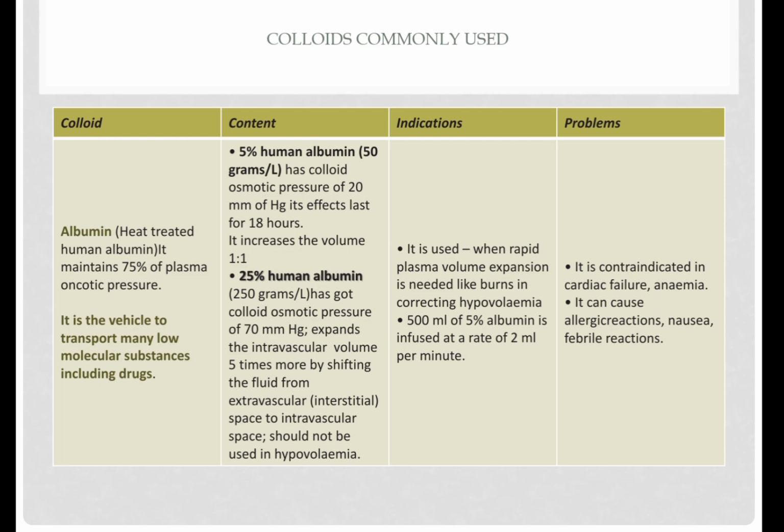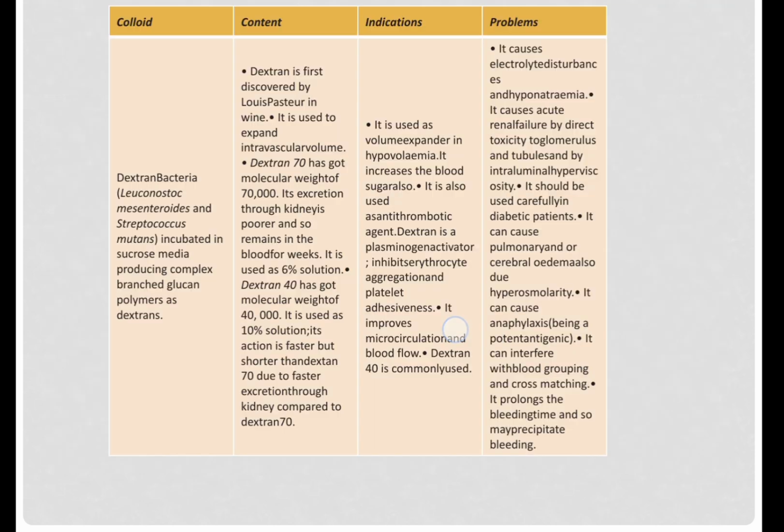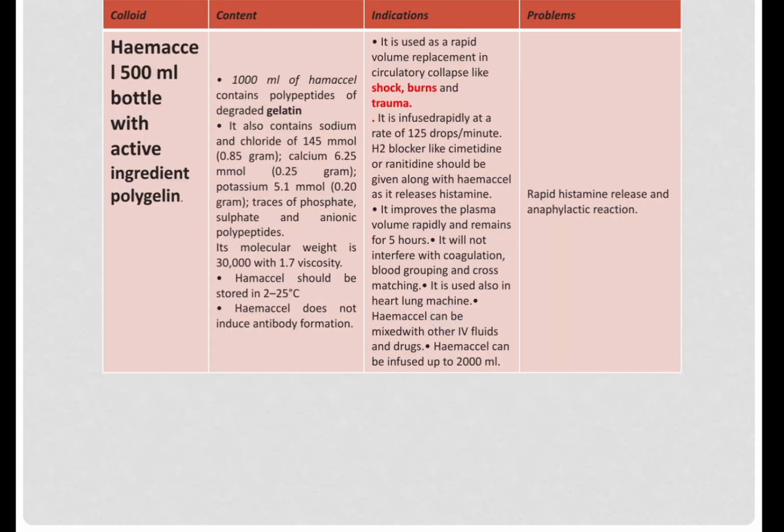Other colloids are dextrans, which come from the bacteria Leuconostoc, but we will discuss in detail another one, Haemaccel, which is very common. Haemaccel is a 500 ml bottle with active ingredient polygeline. 1000 ml of Haemaccel contains polypeptide of degraded gelatin.